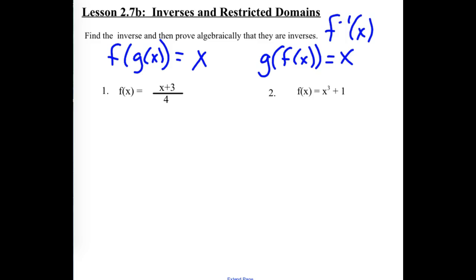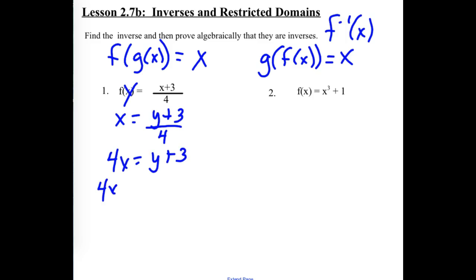So first of all, f of x is our y, so we're going to switch x and y. And then we have to solve for y. So what would we do first? Okay, let's multiply our 4 over. And what shape is this?